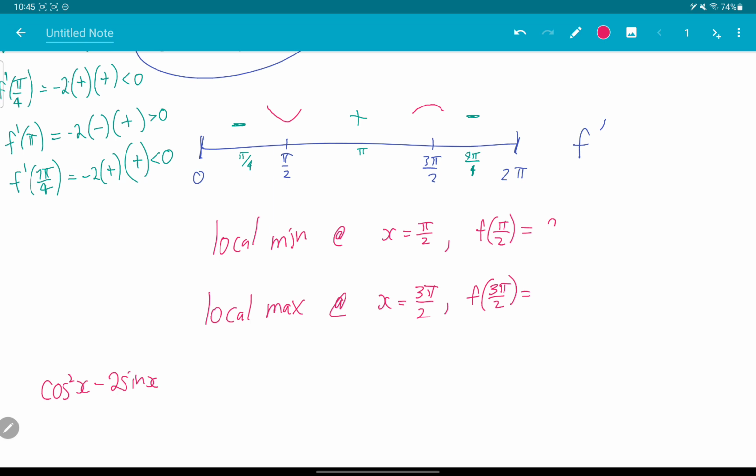I get 0 squared minus 2, which is minus 2. And at 3 pi over 2, the cosine is again 0, but then I get plus 2 here. All right, so I found my local max and my local min subject to these restrictions.